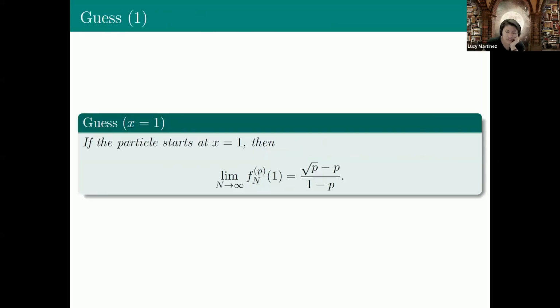The first guess for this limit expression when we start at x equal to 1 was that it should equal this expression on the right hand side, which is square root of p minus p over 1 minus p. Again, we're going to call it a guess because we haven't proven anything and we're just doing experiments. But this will be proven later.